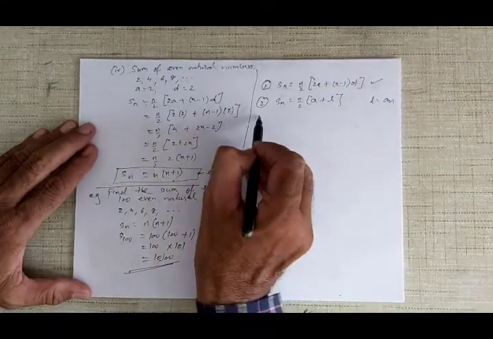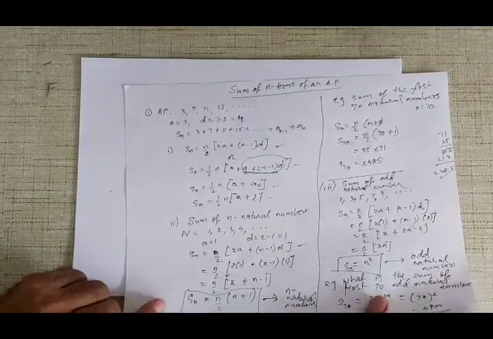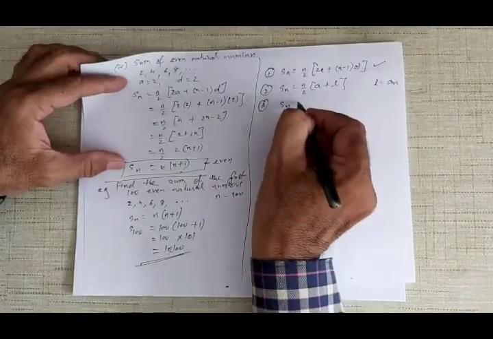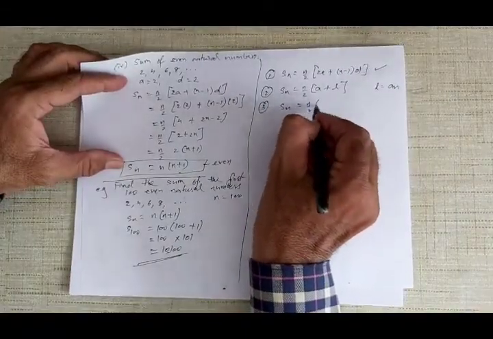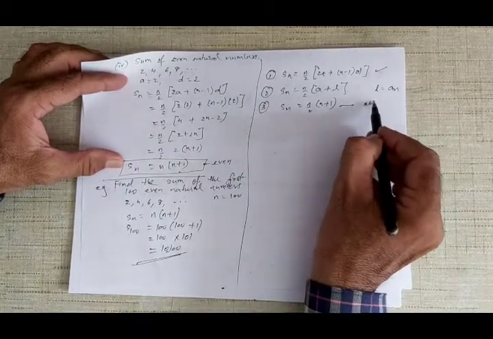These two are the same, there is no difference. The third formula is specifically for all natural numbers: S of n is equal to n by 2 into bracket n plus 1.